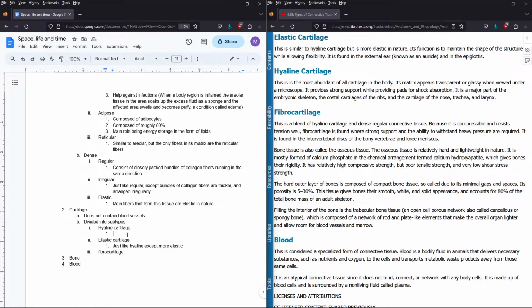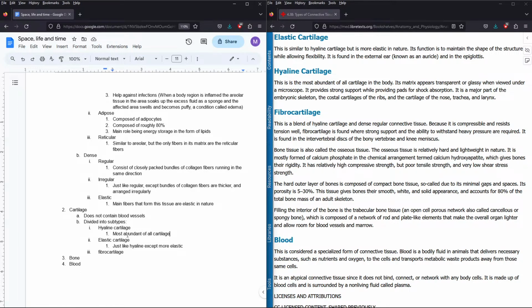Hyaline. So, this is the most abundant of all cartilage in the body. It appears transparent or glassy when viewed under the microscope.